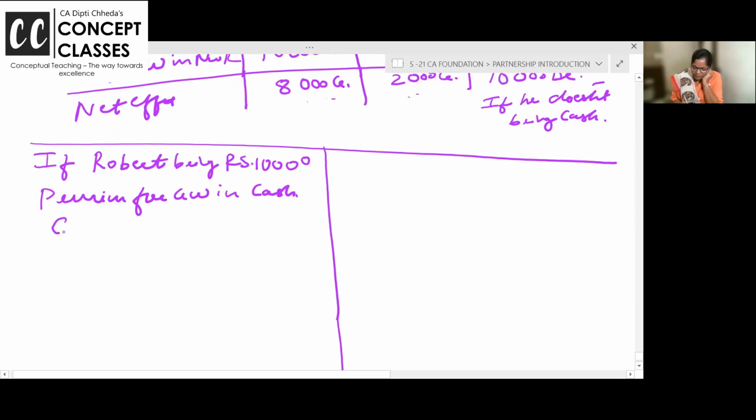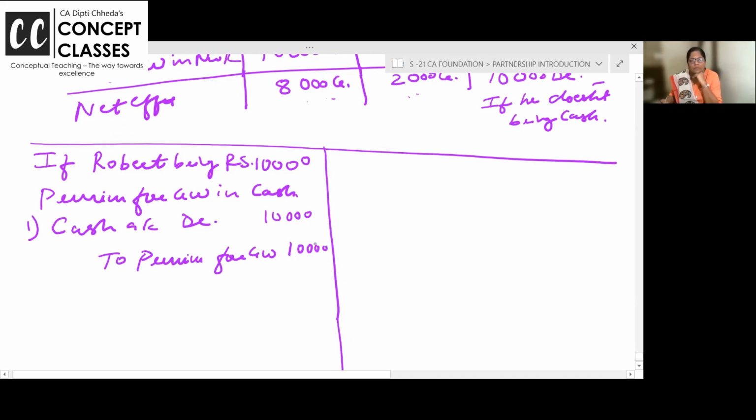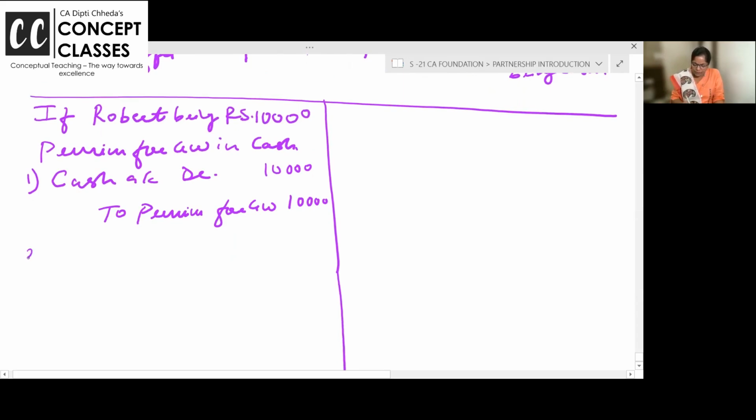So what entry we will pass? First entry, cash account debit to premium for goodwill, 10,000. Cash is brought in by Robert for premium for goodwill.